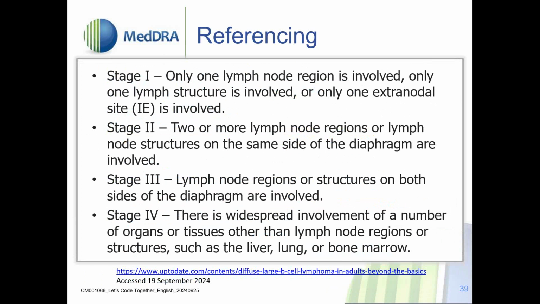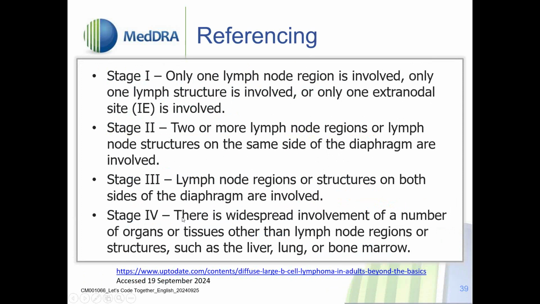Now let us also look at the staging of this lymphoma, whether this classification may consider the CNS involvement reported for our patient. The first three stages that you see here only affect lymph node regions or only one extranodal site.